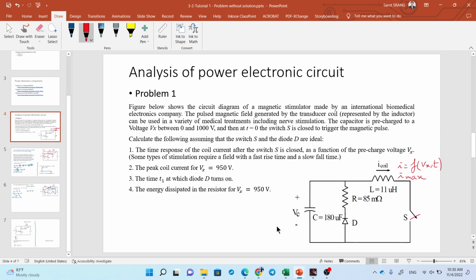Because first when you close, current flows this way until the charge is not high enough, then the current flows through this branch to be like this.